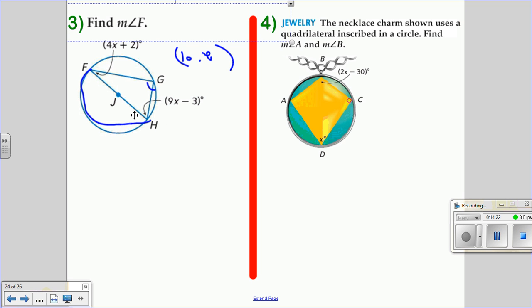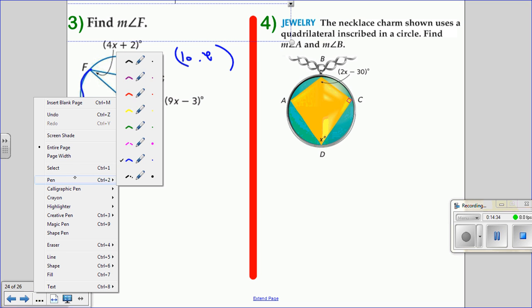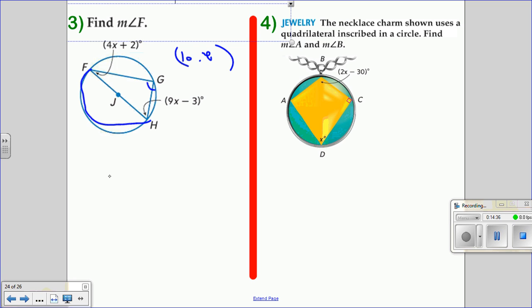And since there is a triangle, we know all angles of a triangle will add up to be 180 degrees. So that means angle F plus angle H plus angle G is equal to 180.